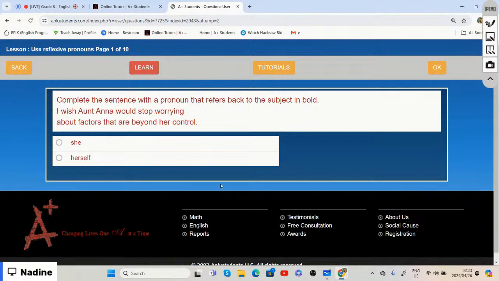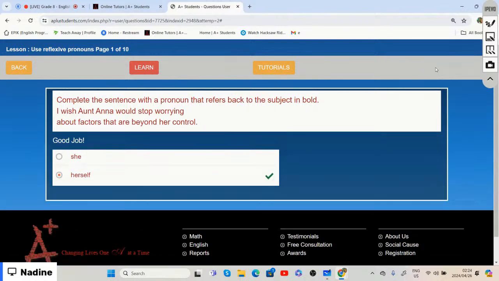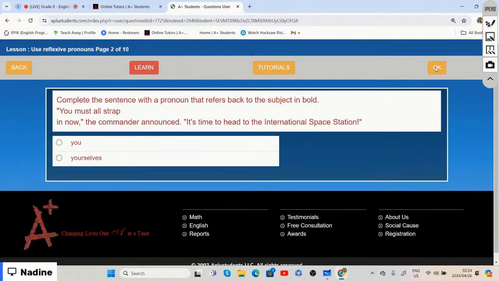All right. So we can say, I wish Aunt Anna would stop worrying herself about factors that are beyond her control. So herself, which is a reflexive pronoun.